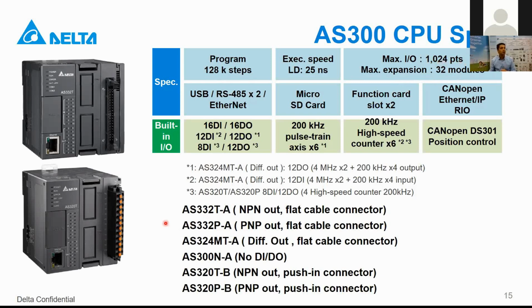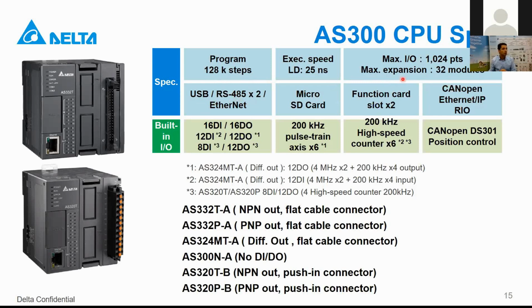So you cannot put another digital I/O module over here because you reached the maximum I/O point. Okay, so we need to consider these two at the same time. But you can use it for network modules, for instance. Okay, and we talk about them.